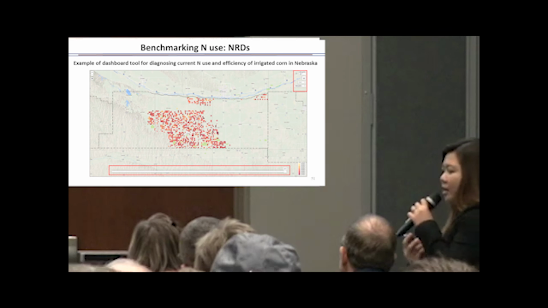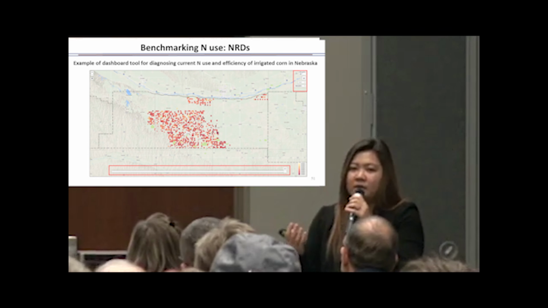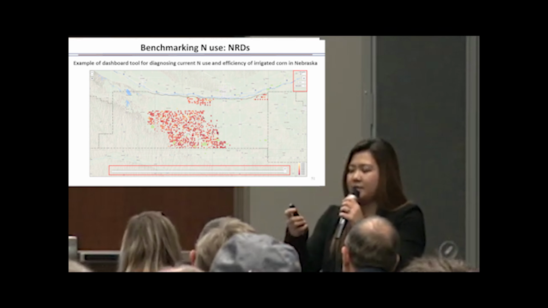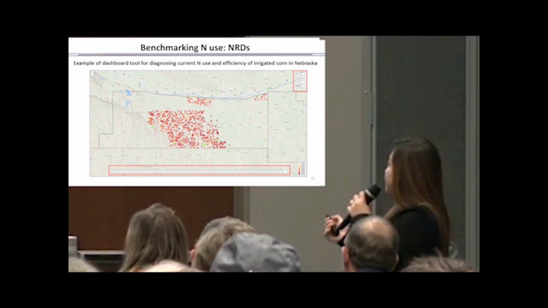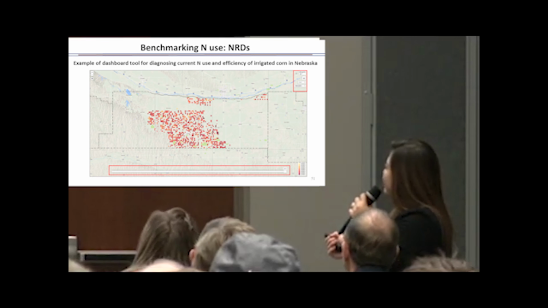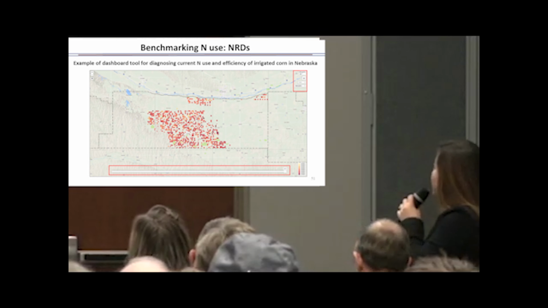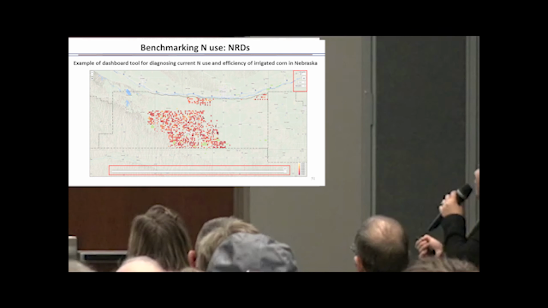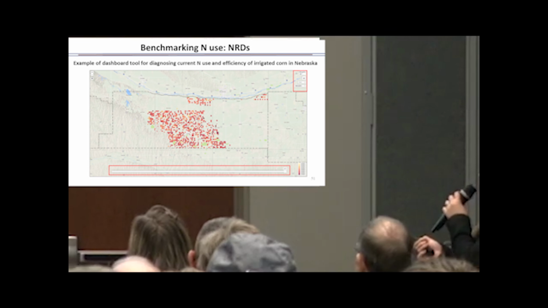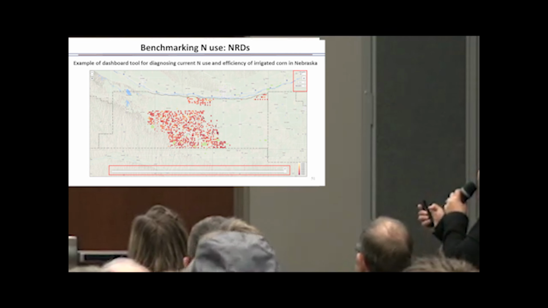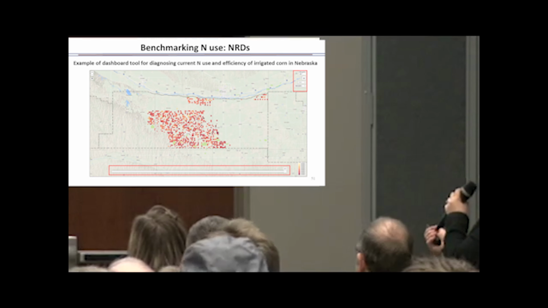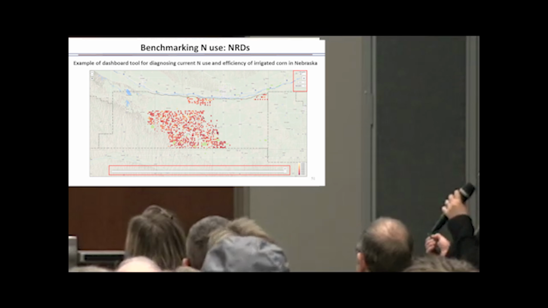So if I am an NRD manager and I log into this dashboard, this is the portal that they can see. Each point here is a field within their NRD. For example, here I'm showing the result of all the fields for these specific NRDs. And they could also pick whatever the crop type is.